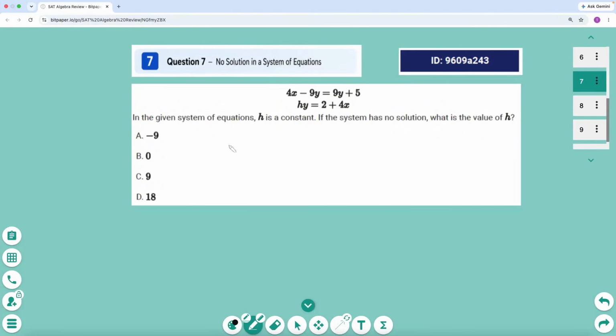Starting with the first equation, 4x minus 9y is equal to 9y plus 5. Subtract 9y from both sides. So this gives us 4x minus 18y is equal to 5. Subtract 4x from both sides.